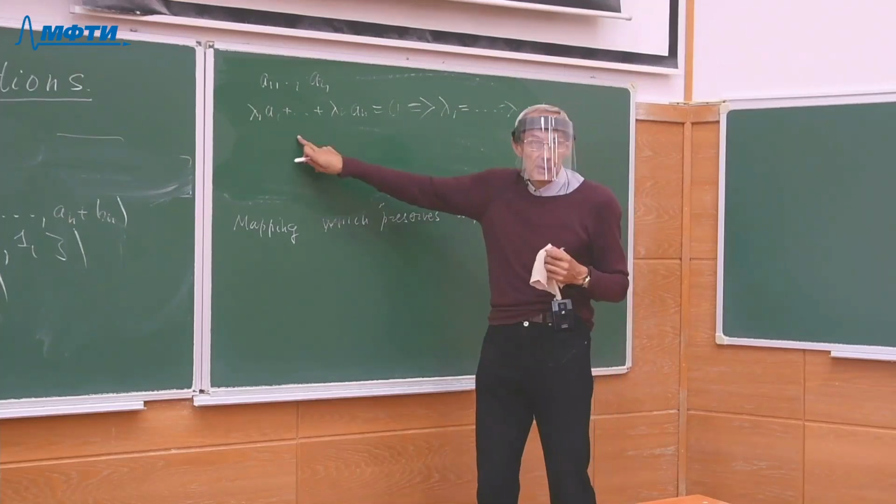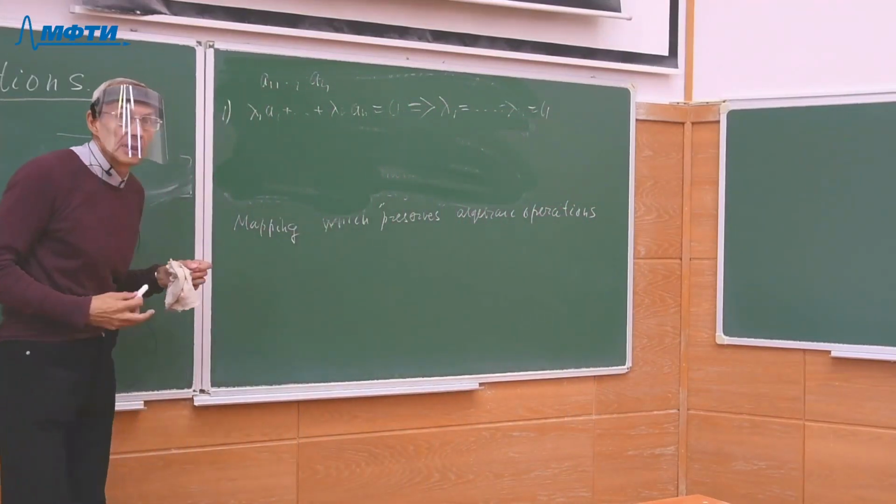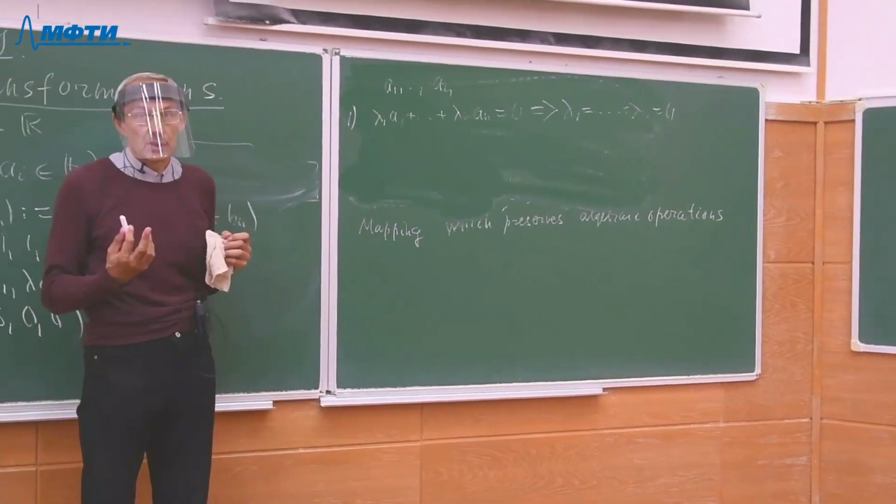It means linear independence. This is the first property of the basis. And what is the second property of the basis in the vector space?